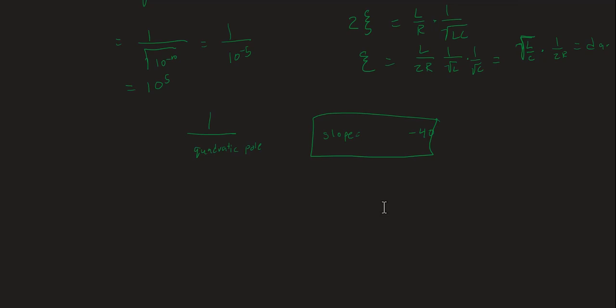If I had a simple zero over a quadratic pole, then once I got high enough, my slope would be plus 20 minus 40, which would be minus 20. But that's not what I have. So my slope, as I get high enough, is minus 40.